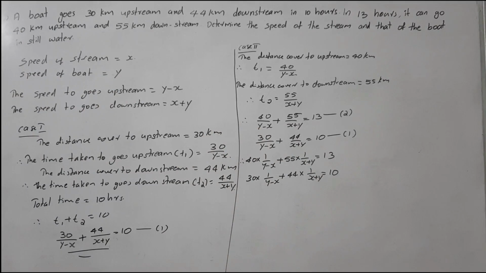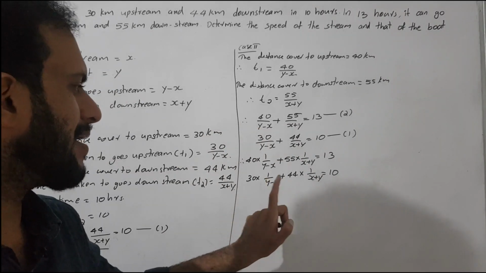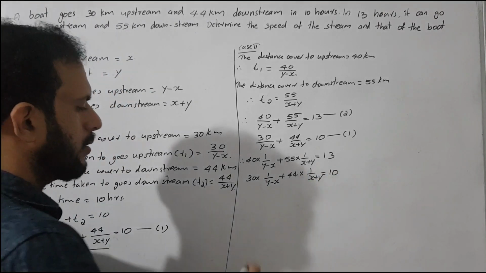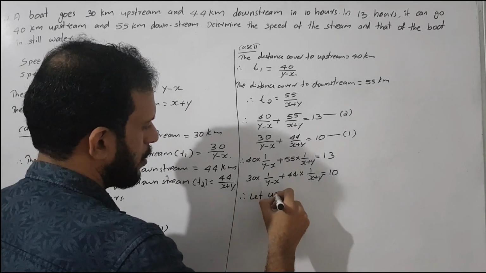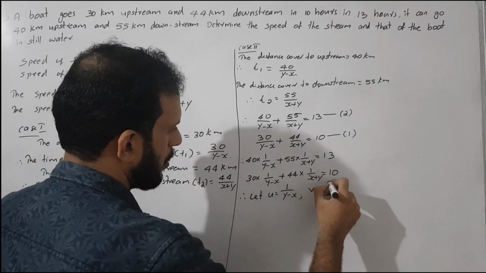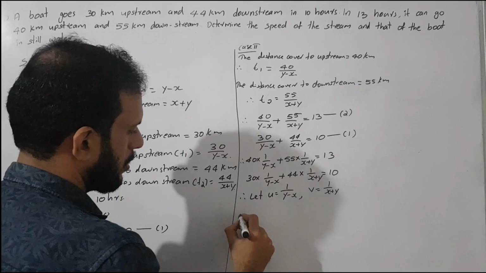Next, we choose the value of u as 1 by y minus x and v as 1 by x plus y. As usual, let u is equal to 1 by y minus x, v is equal to 1 by x plus y.